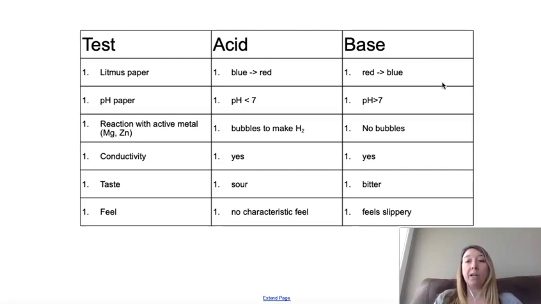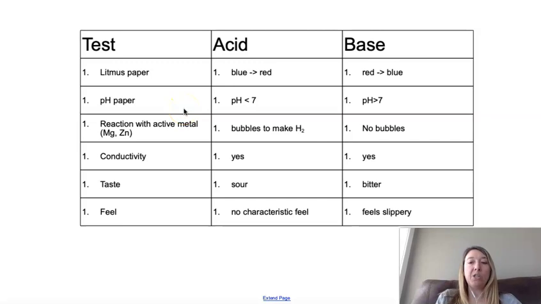Let's say I dipped red paper into the solution and it stayed red. I couldn't then say it has to be an acid. I could say it's not a base, but the only way I could confirm that it was an acid is to then test it with blue paper and see if it turns red. If it does, it's an acid, but if it doesn't, then it's just going to be a neutral ionic compound, okay?